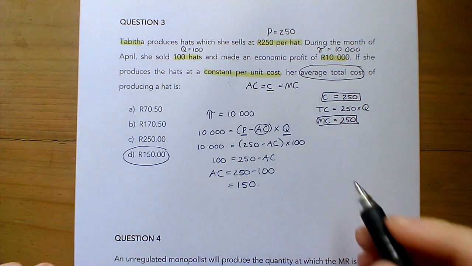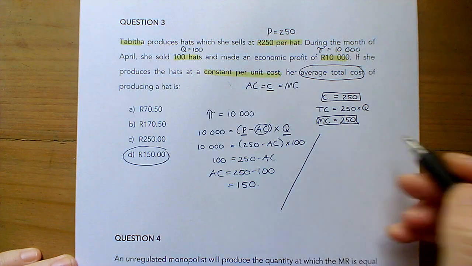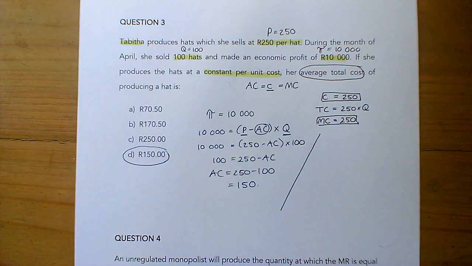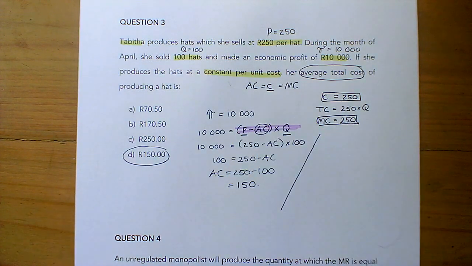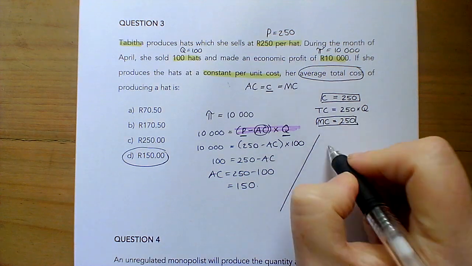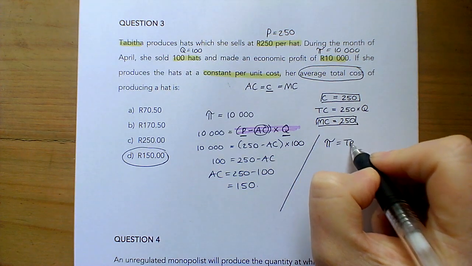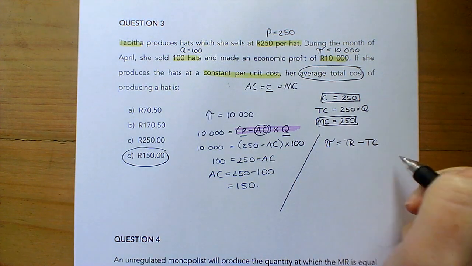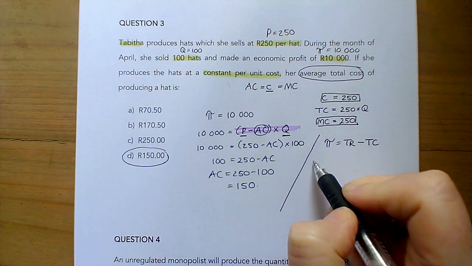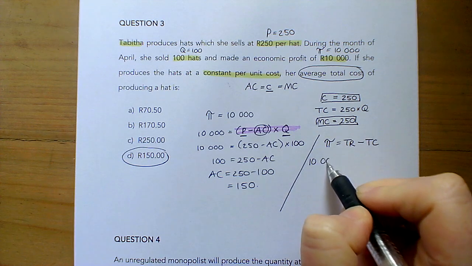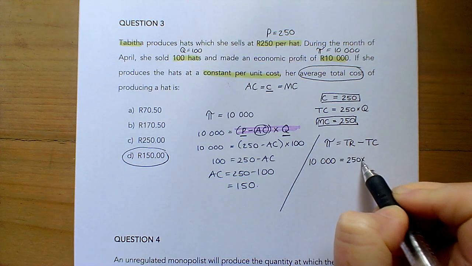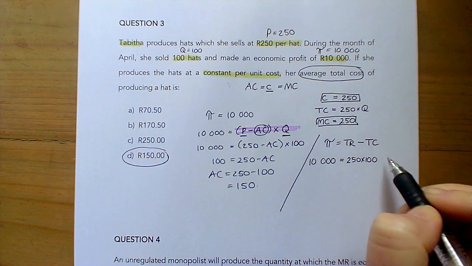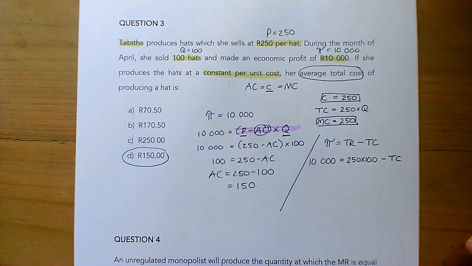There is an alternative method that I could have used. So profits can be given by this function here, (price minus AC) times Q, but it can also be calculated as TR minus TC, so total revenue minus total cost. So I could have also written 10,000 is equal to 250 times 100, which is my total revenue, minus total cost.